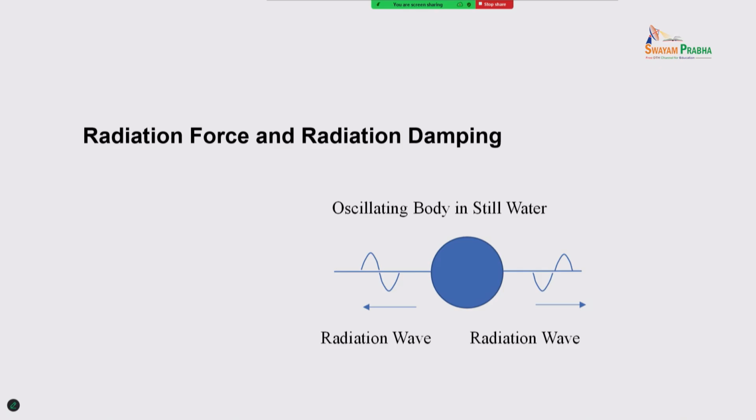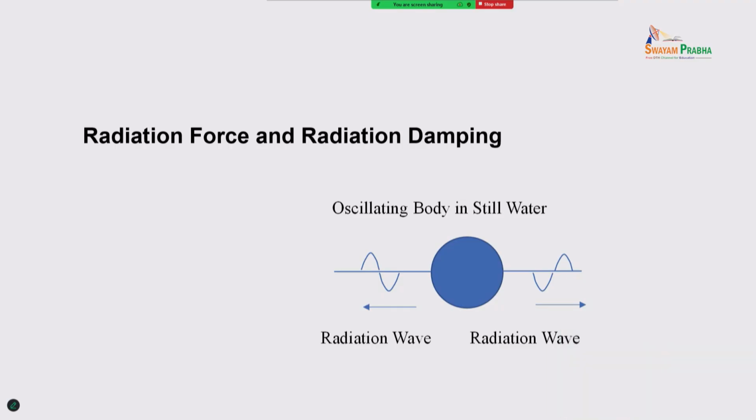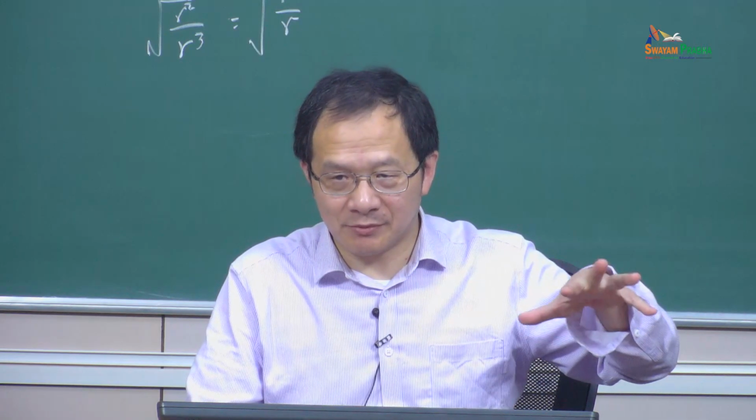Sometimes the added mass is significantly larger than the physical mass. Okay, so when you work on the wave energy converter, you can take advantage of this added mass. Okay, the physical meaning is the water surrounding the buoy is moving. The buoy accelerates, and then the water accelerates, right? This water acceleration will have a mass effect.